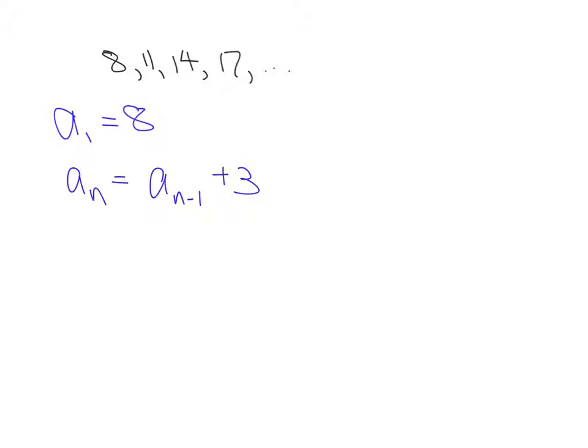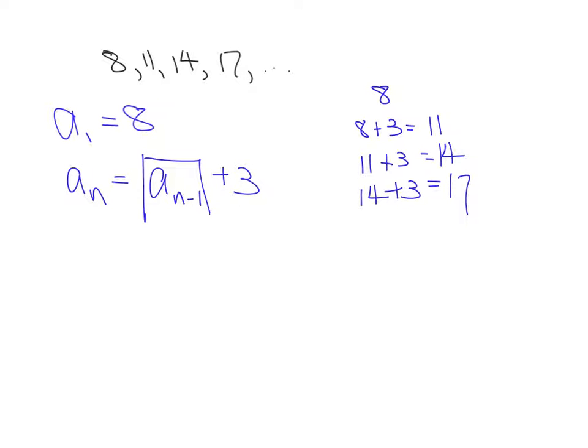Okay, so when I had my 8, and then I had my 8 plus 3 equals 11, and then my 11 plus 3 equals 14. I'm just kind of rewriting it here off to the side so you can see what happens here.